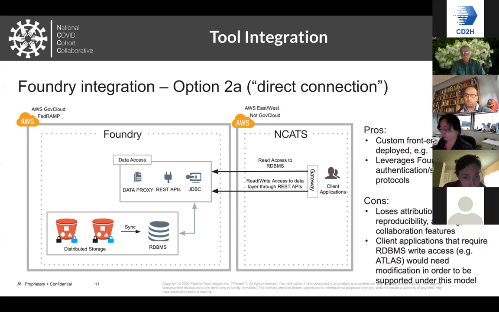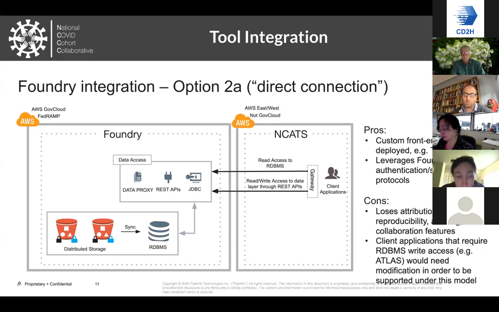The other thing that's worth making clear in this diagram is that you have the AWS GovCloud environment, which is where Foundry is hosted. You then have the NCATS East-West environment, which isn't GovCloud, but which is also based on AWS. This just involves those two pieces talking to each other, but the data doesn't actually leave the GovCloud hosted cluster.